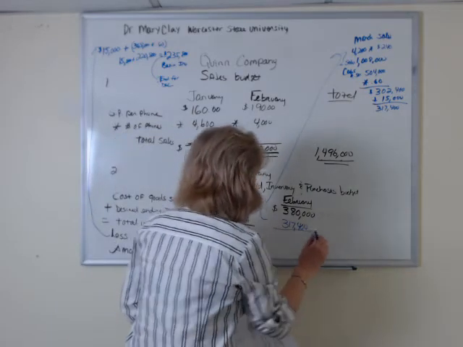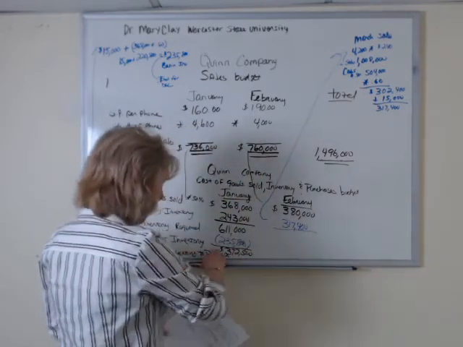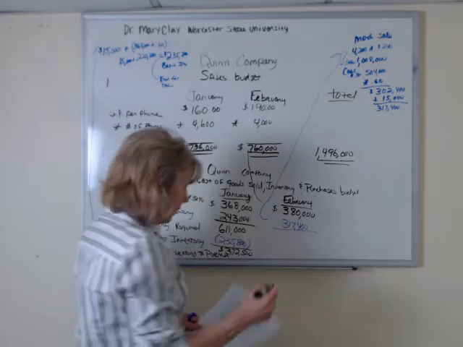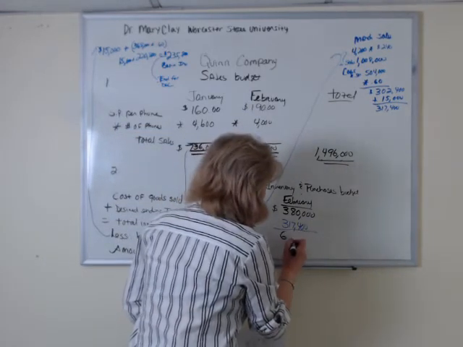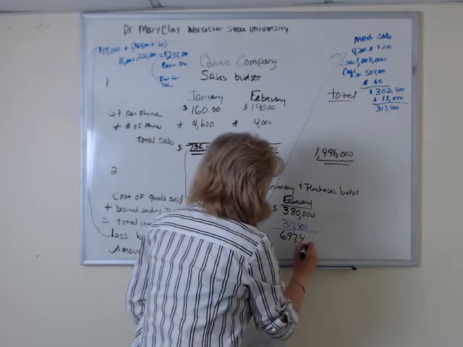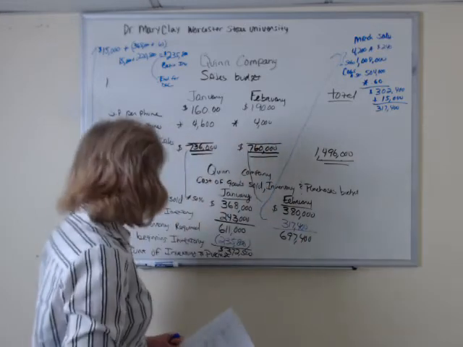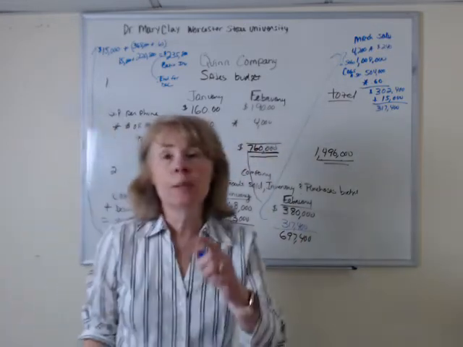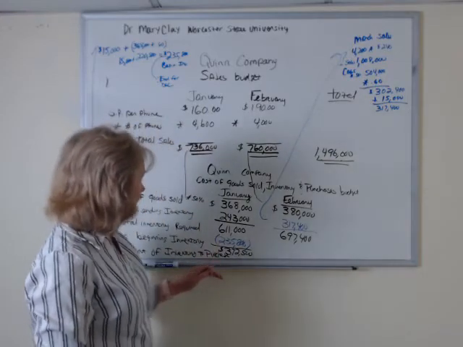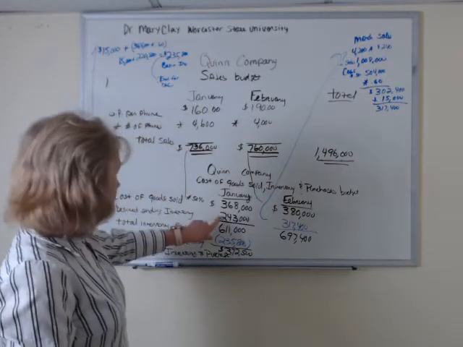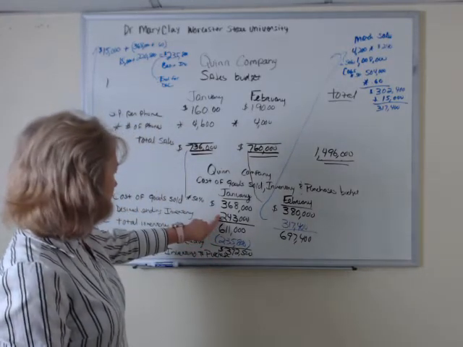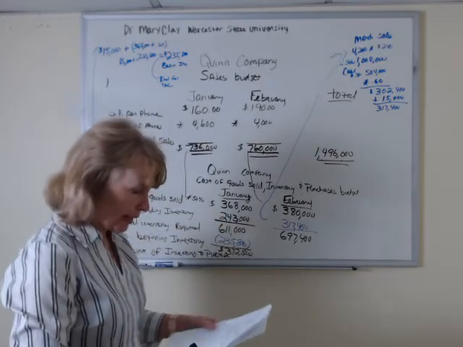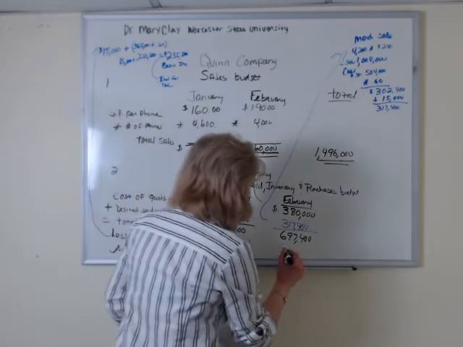Now I'm going to take those two numbers and add them together, and that's going to give me 697,400. My beginning inventory in this particular instance is easier because I have it. Here's my ending inventory. It will always be my corresponding beginning inventory in the next month.